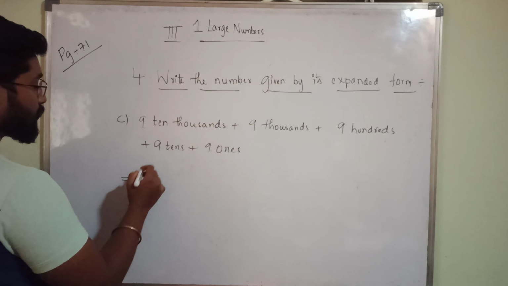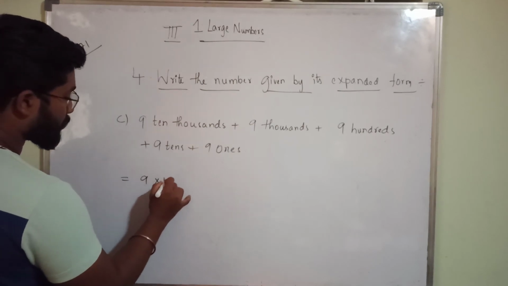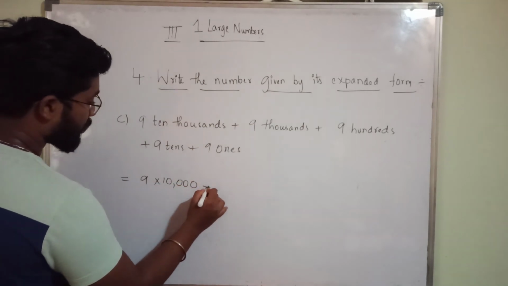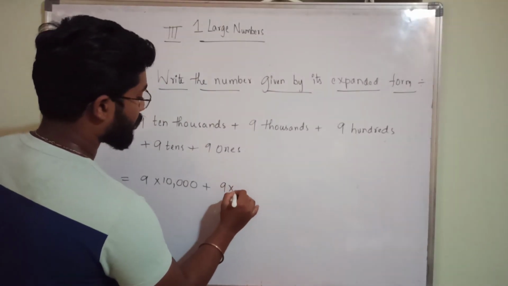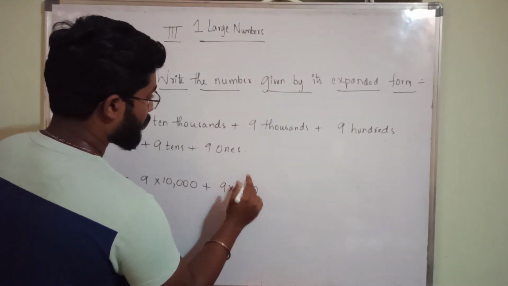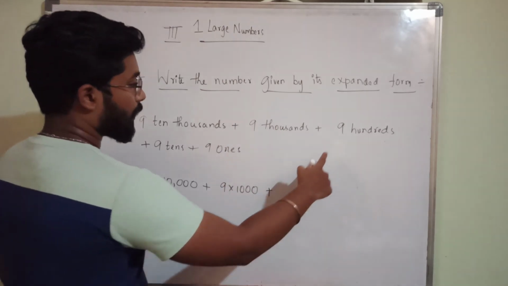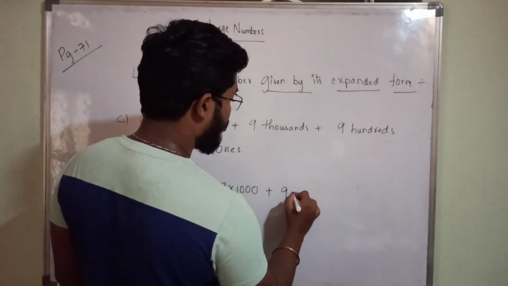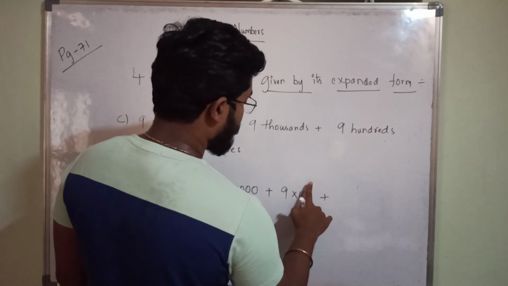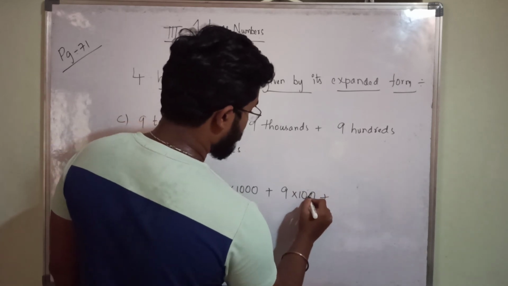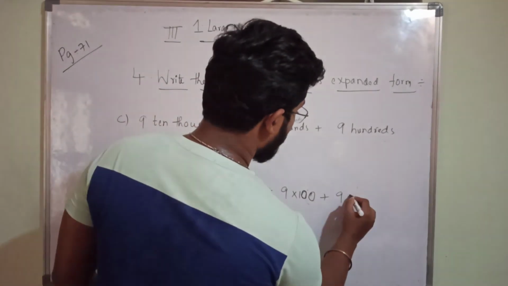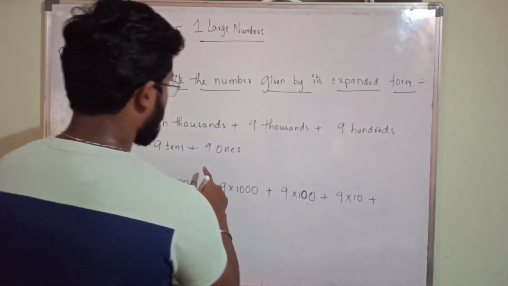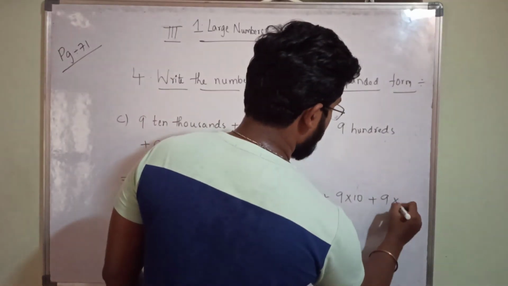9 ten-thousands means 9 into 10,000. 9 thousands means 9 into 1000. 9 hundreds means 9 into 100. 9 tens means 9 into 10, and 9 ones means 9 into 1.